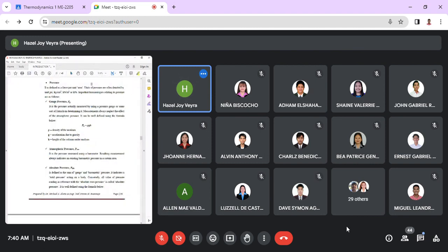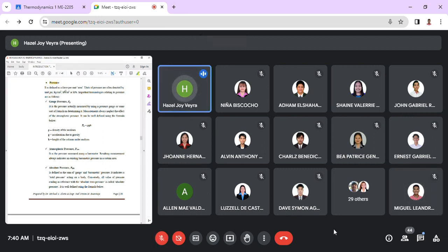Okay, start with the definition of pressure. Pressure is defined as a force per unit area. Units of pressure are often denoted by unit PSI. What's the meaning of PSI? Correct. How about KSI? Have you encountered the unit KSI? Correct.